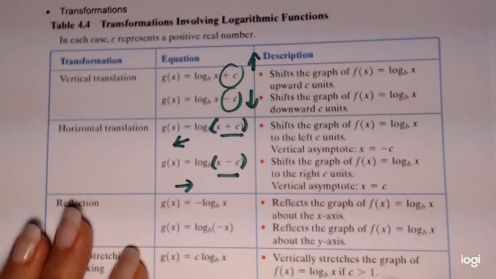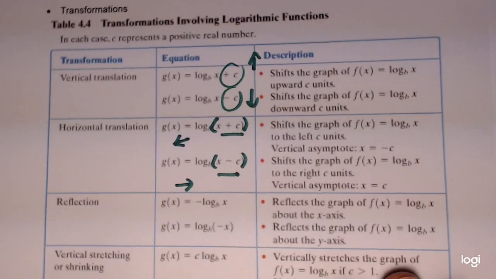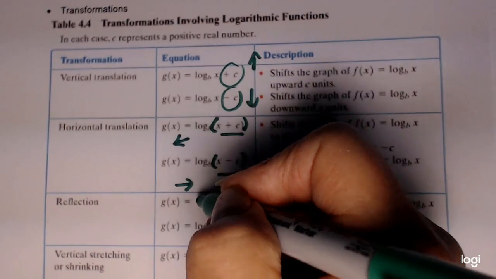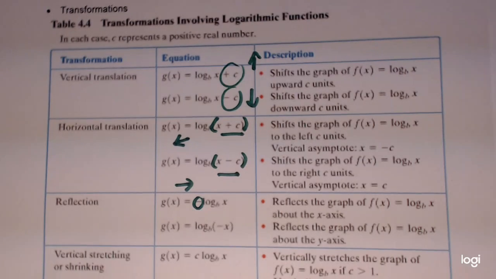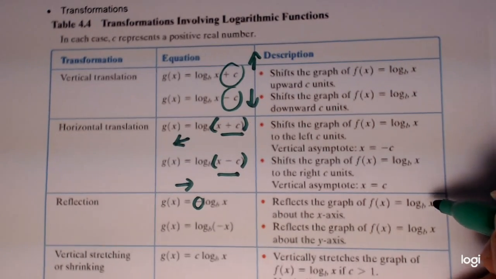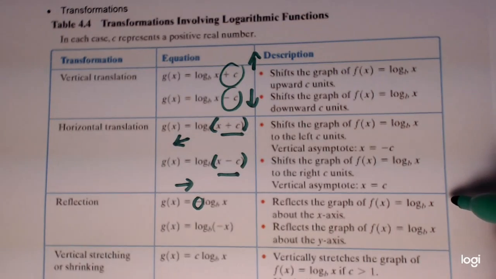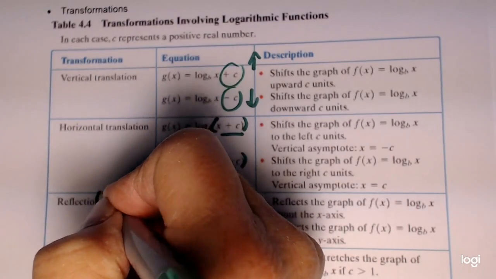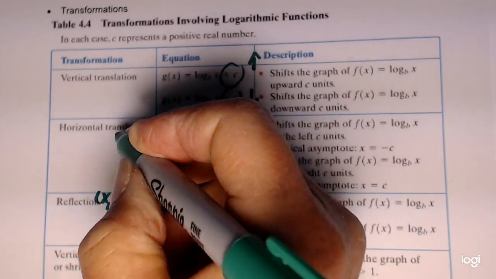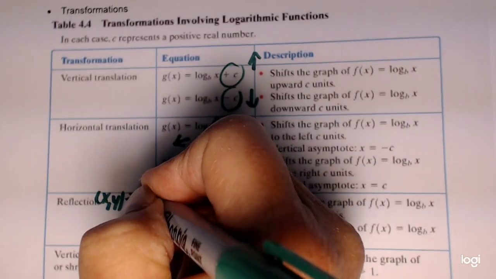Same as before. In terms of reflections, if we see a negative sign outside in front, this is going to be a reflection about the x-axis. In other words, if we have the point (x, y) on our graph, then we're going to have the point (x, -y).